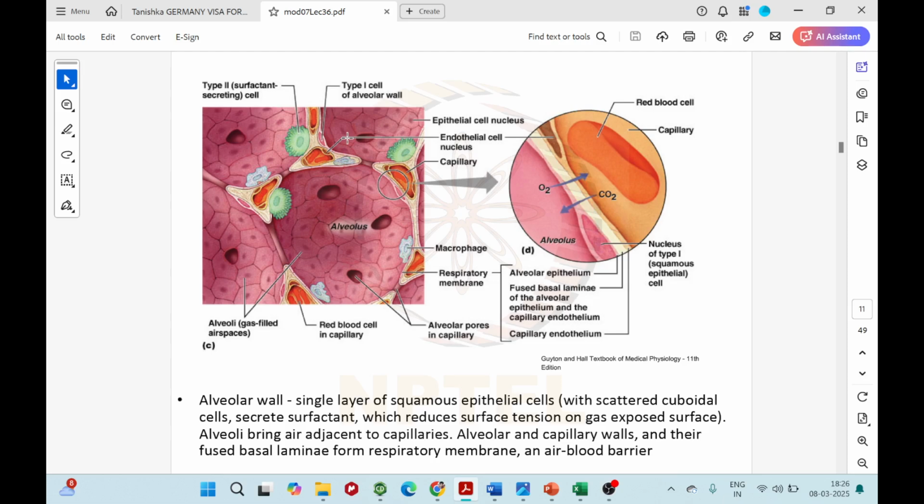When the air comes, and in the blood also, you can see the capillaries are lined. In the blood you also have water molecules, and some of the lining of the alveolar sacs is mucus, so water is also present. So what happens when water comes in contact with air? There is a high tendency of increasing the surface tension.